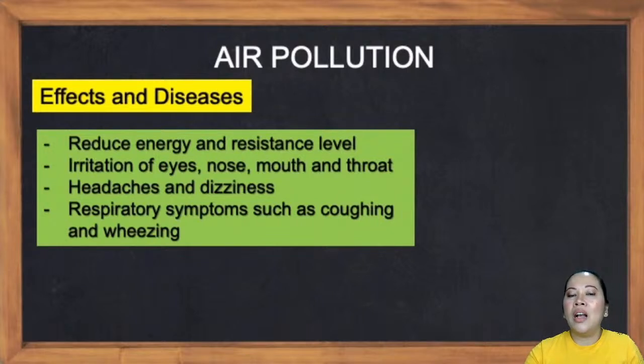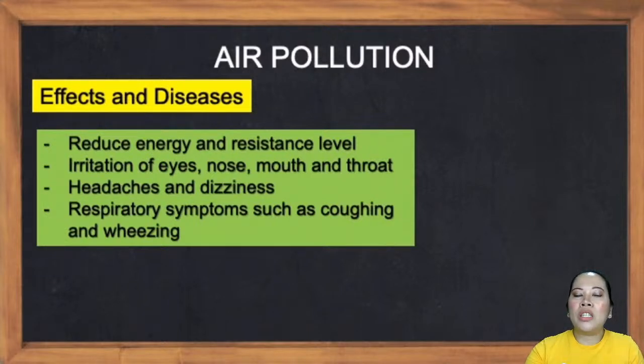So what are these other things that can disrupt or other conditions that would cause pollution or affect our environment? You have your nitrous oxides, you have your sulfurous oxides, okay? Like dust, smoke, fumes, and other radioactive substances that can be added into our air. So it really has a big effect on human health.